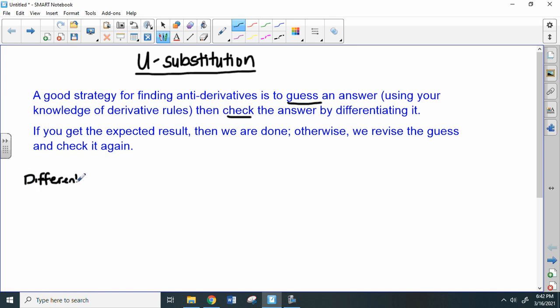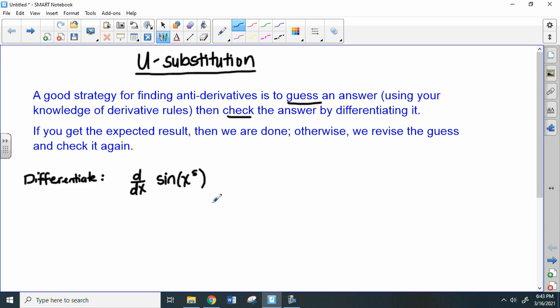I want to start by taking the derivative of something. So I want you to take the derivative with respect to x of sine of x to the fifth.